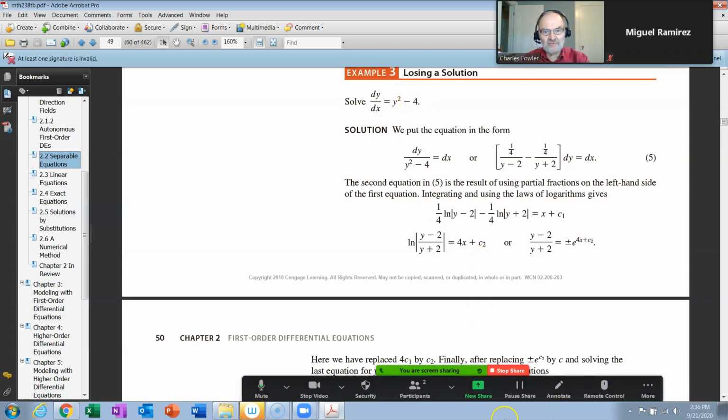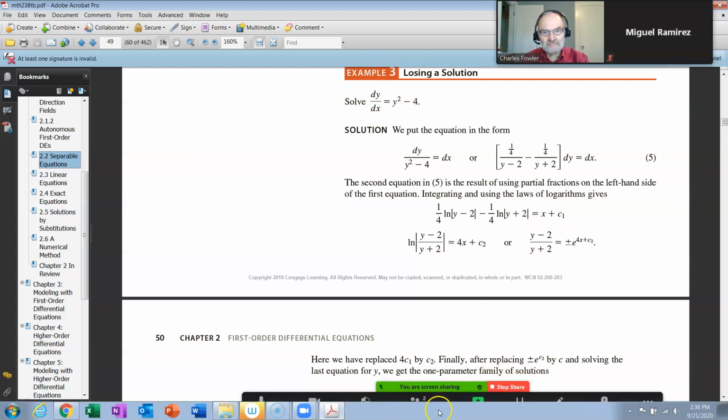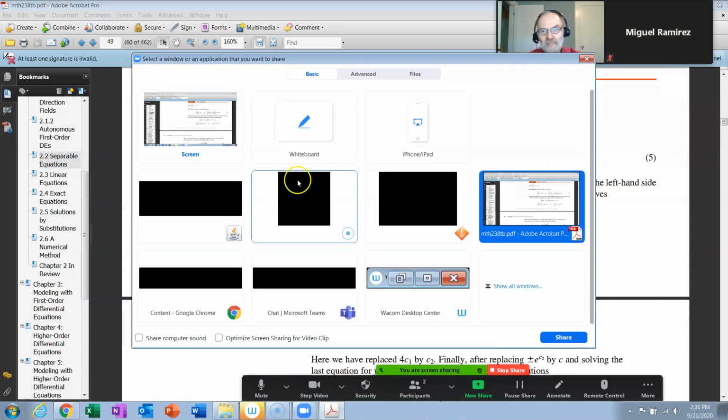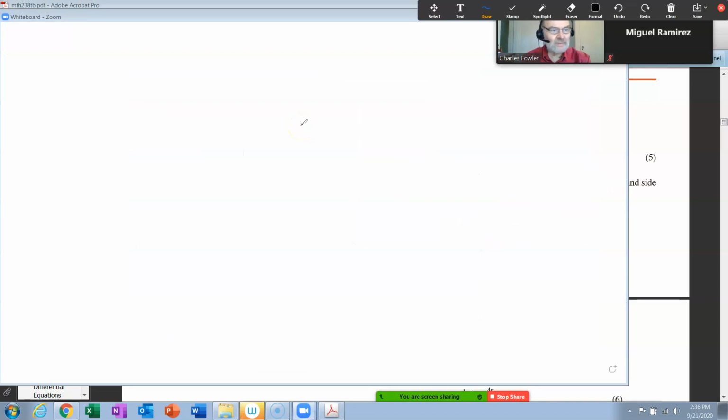So let's go to our whiteboard and work on it there. And if I can find my pen in the Wacom tablet, dy/dx is equal to, here we go again, not writing well, y squared minus 4.